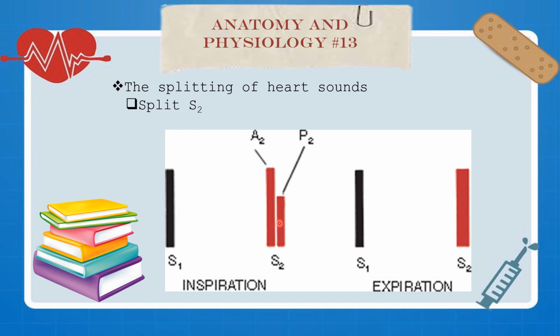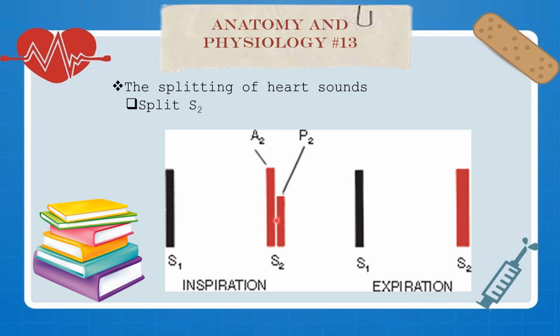So the right ventricular and pulmonary arterial pressure are significantly lower than the corresponding pressure on the left side. So the right-sided events usually occur slightly later than those of the left.